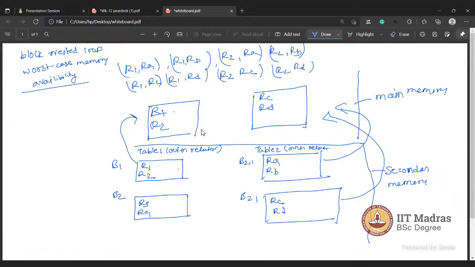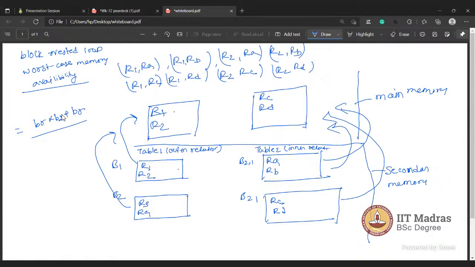After block 1 is completed, this block will be moved and this block will be moved, and so on. So if you observe carefully, the number of block transfers will be BR into BS plus BR.